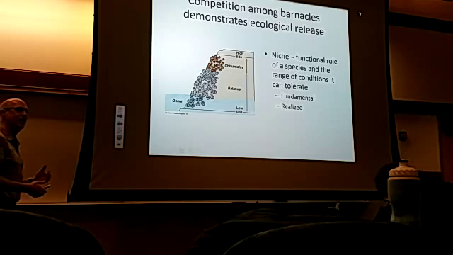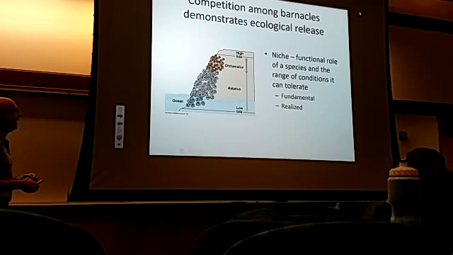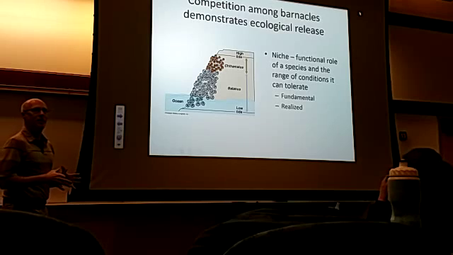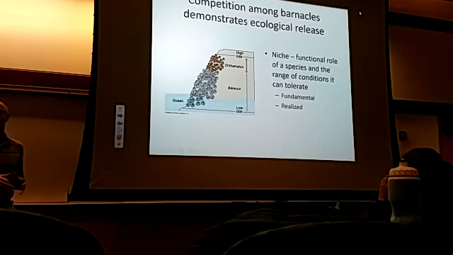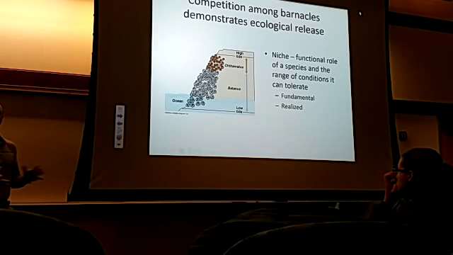And this brings us to an important general point that we can use in a lot of different ecological applications. The idea of the niche, which is a description of how any species uses the available resources, right? All the different tolerance limits and what it eats and when it's active and all sorts of things like that are part of the niche.